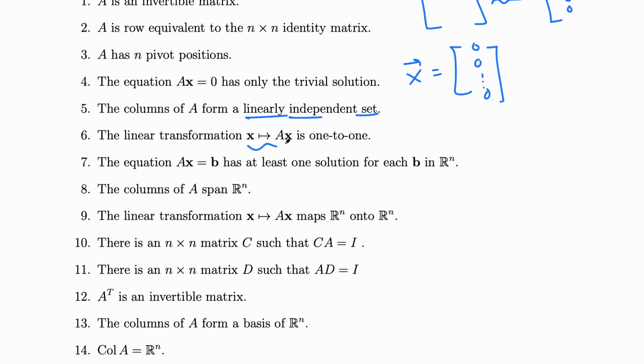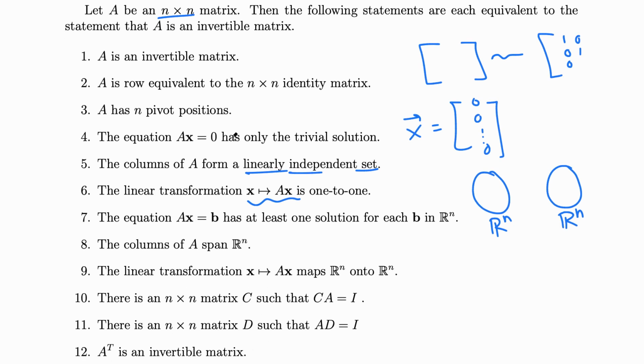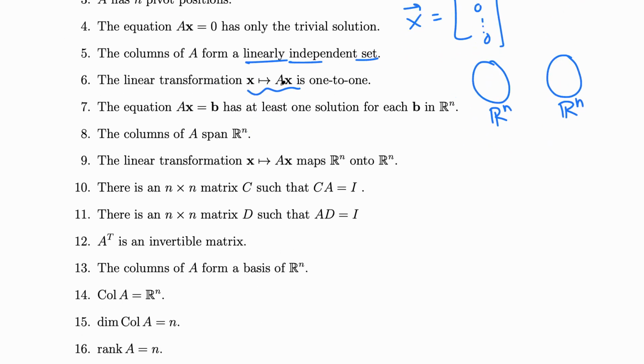The linear transformation is 1 to 1. So this mapping means we have the domain here, and the codomain here. Here is Rn, here is Rn, because A is an n by n matrix. So A maps Rn to Rn, and they write x to Ax. In short, we write the vector x is being mapped to Ax.